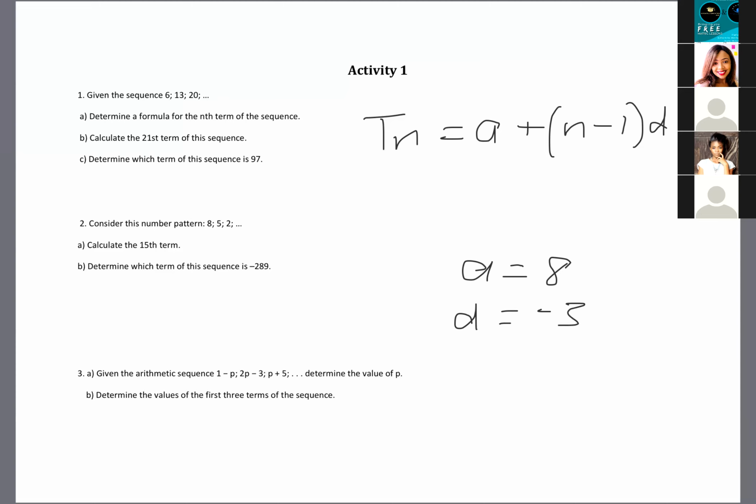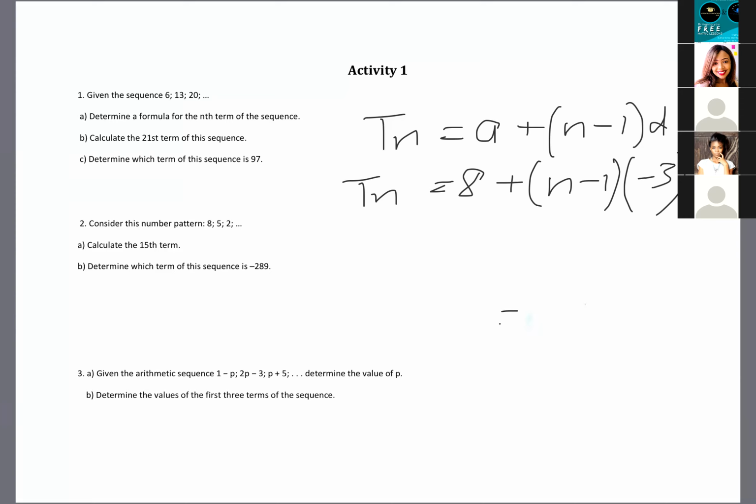So you substitute that in. You're going to say Tn is equal to 8 plus n minus 1 multiplied by -3, right? Yes, ma'am. And then you multiply your -3 in. So it's going to be Tn is equal to 8 minus 3n plus 3.